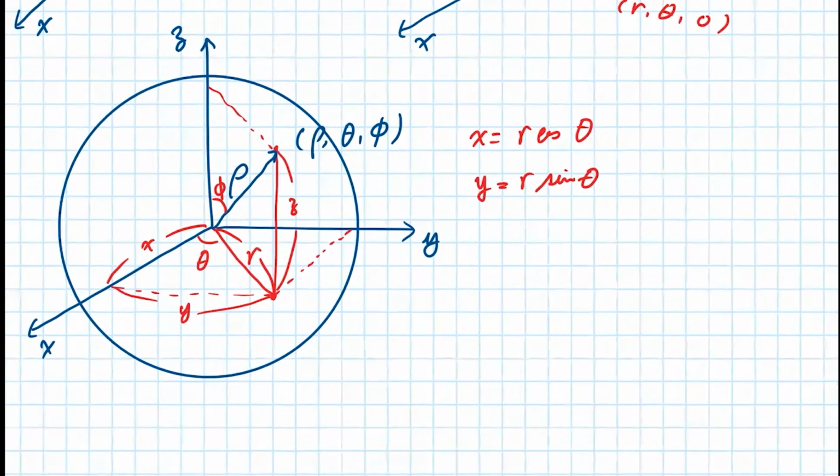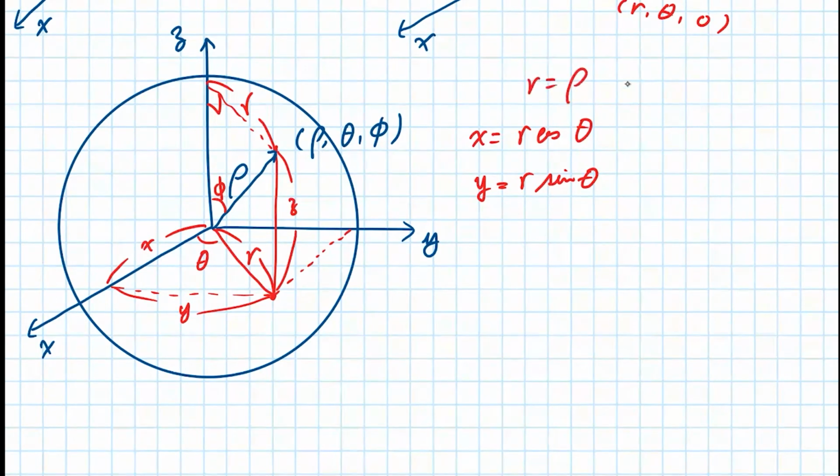So just bear with me and let's just think about this. Is this also R in that triangle? In this right triangle? Say yes. So do you see that R is equal to rho sine phi?